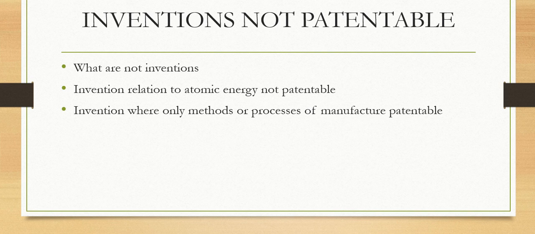Then the mere discovery of a scientific principle or formulation of an abstract theory or discovery of any living thing or non-living substance occurring in nature. So coming up with a discovery of a living thing like human beings, these kinds of inventions are not accepted.